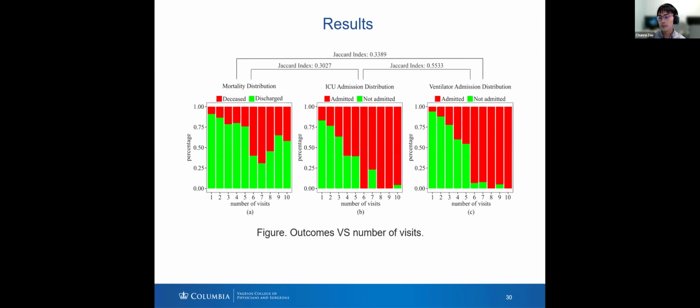The results showed that longitudinal CT and chest X-ray data have very different numbers of visits for different patients. Generally, more patients with worse outcomes tend to have more visits.